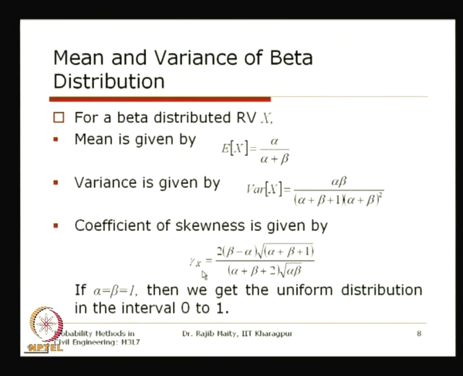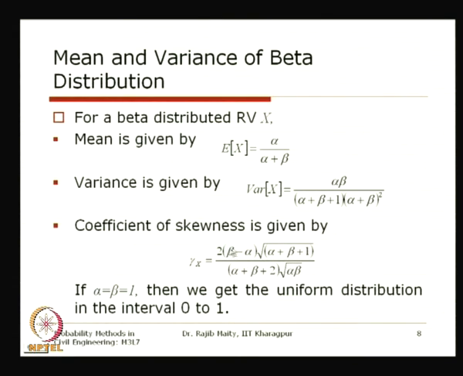So for this beta distribution, if we calculate the coefficient of skewness, it will take this form with respect to the parameters. Now you see here, remember that alpha and beta are both greater than 0.